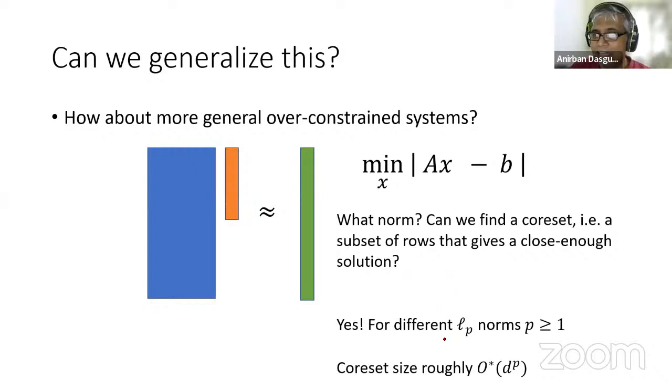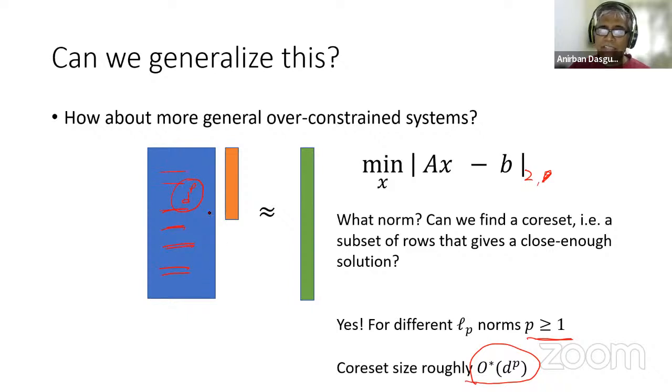And the answer is yes, not just for the 2 norm. The answer is yes for a bunch of different norms. These are called L^p norms, for all p greater than or equal to 1. And in fact, very surprisingly, that's the structural result, even if you're not worried about the algorithmic part of it, that it's possible to find about d^p such rows that basically characterize the solution.